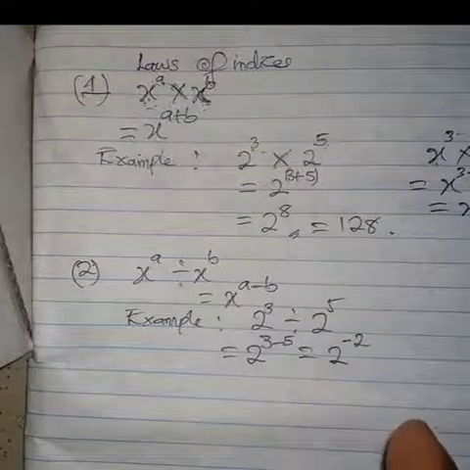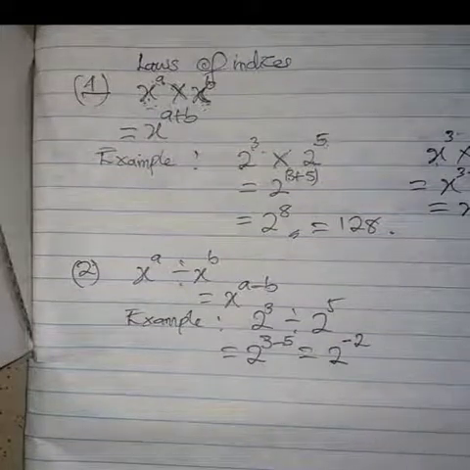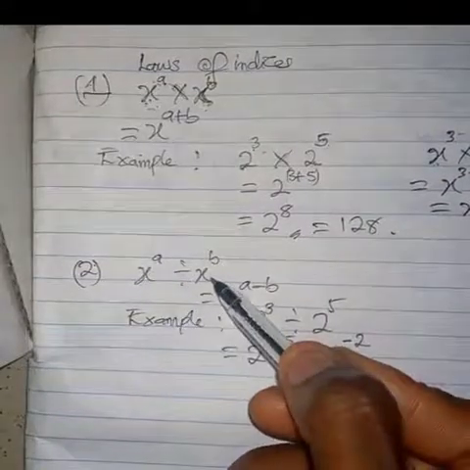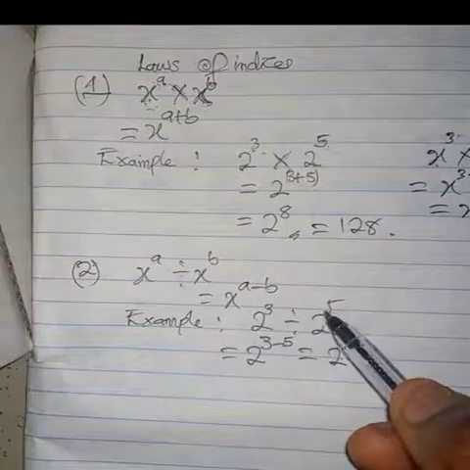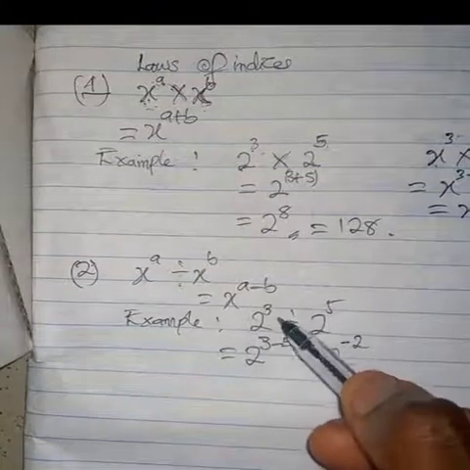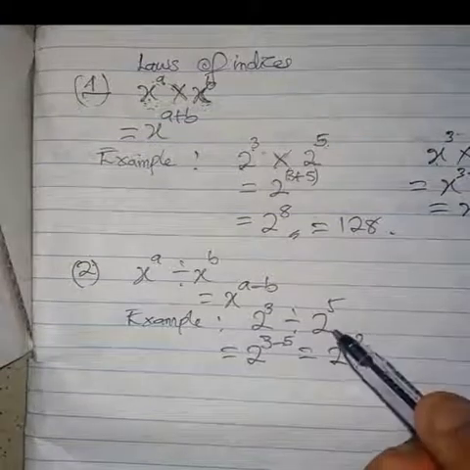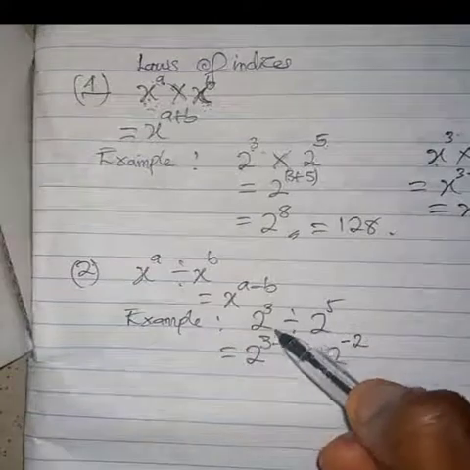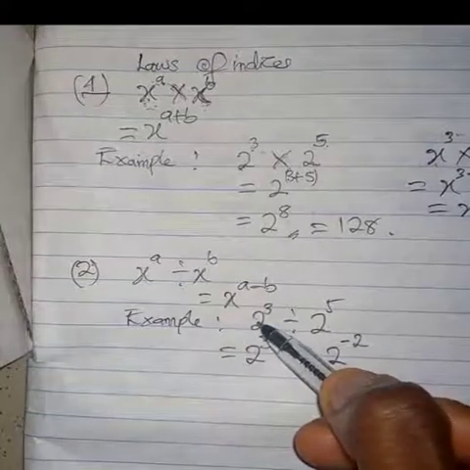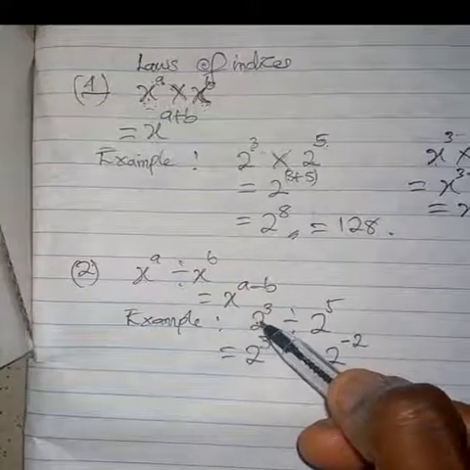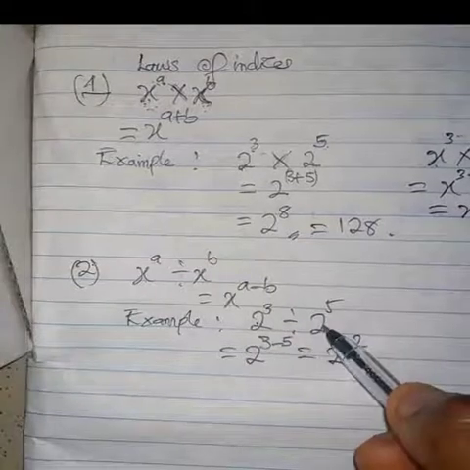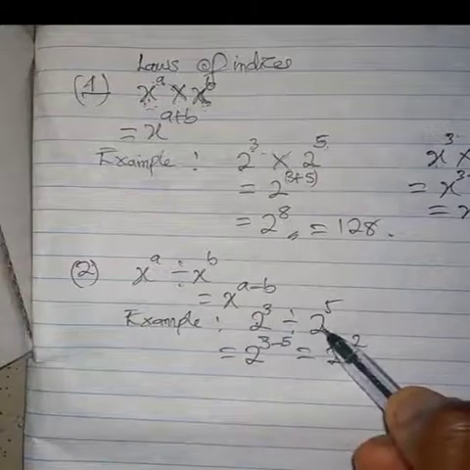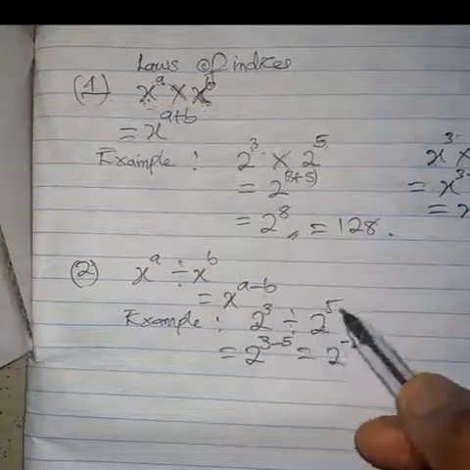Just take a good look at this expression. What do you see? We discovered that they are the same, just like x is the same as x. And their powers need not be different. They could also be the same, just like in the first one. But the most important thing is that as long as there is a division sign, and this number or letter, in this case a number, is the same as this one, then you can subtract the powers.